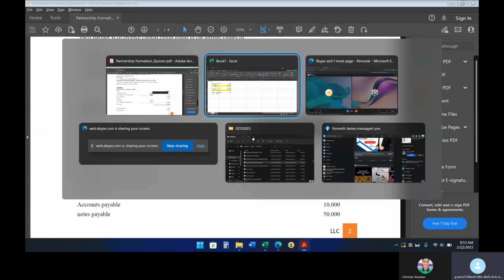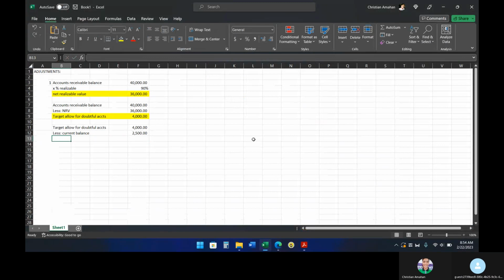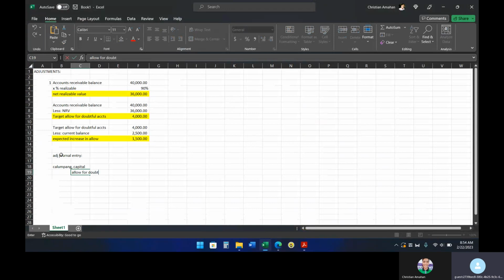So that's minus 2,500. So our expected increase in allowance is at 1,500 pesos. So our adjusting journal entry for this adjustment is, of course, a debit to Kalumpang Capital and then credit to allowance for doubtful accounts at 1,500 pesos.